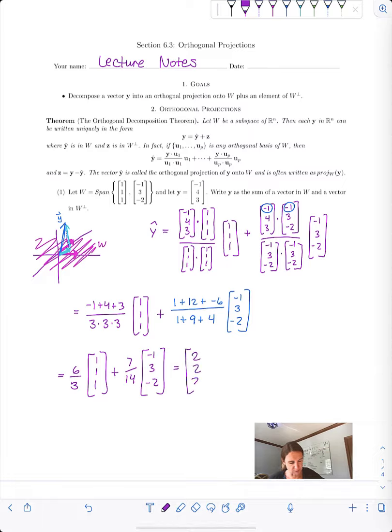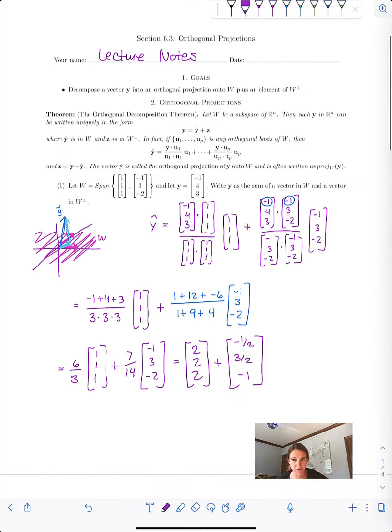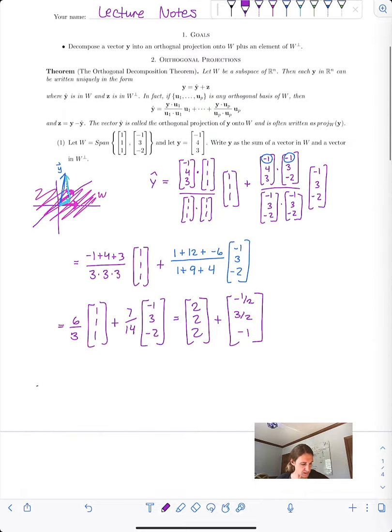7/14 times (-1, 3, -2), which gives us (2, 2, 2) plus (-1/2, 3/2, -1).